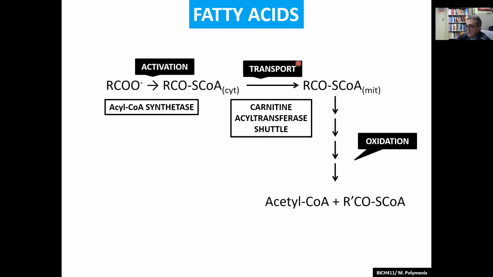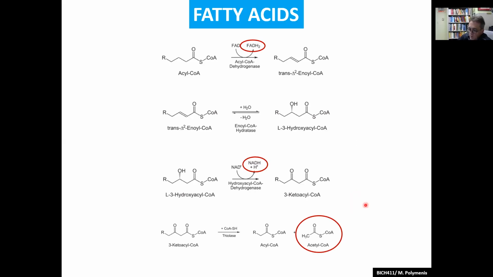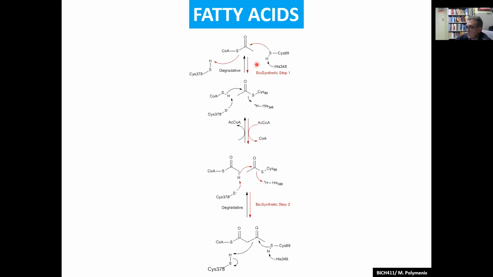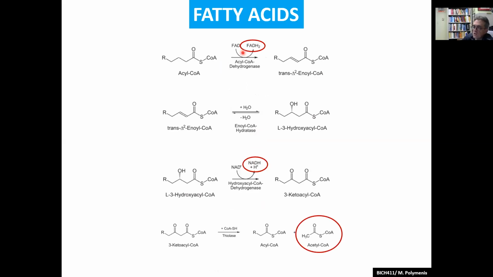So this is how it works in the 4 steps that we saw, and you remove just 2 carbons to get acetyl CoA, and you have a new acyl CoA now. Oh, by the way, just so that you don't get confused, this diagram here is shown as when you just combine 2 acetyl CoAs. But in this diagram here, it's as if we have a whole chain of acyl CoA, a whole chain of carbons.